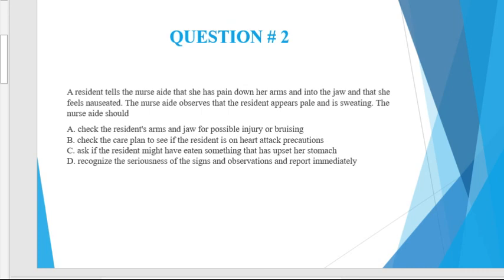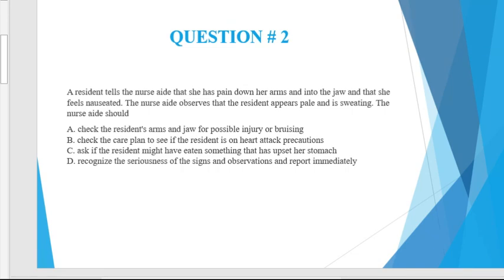What do you think is the answer to this question? Yes, I know B and C are out of the equation. Now we have A and D to think about. I hope you will get the correct answer.